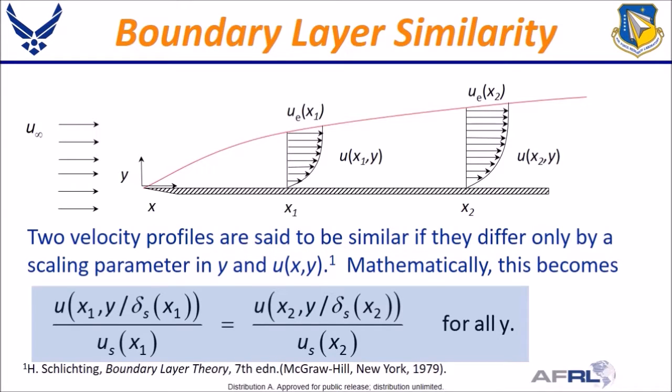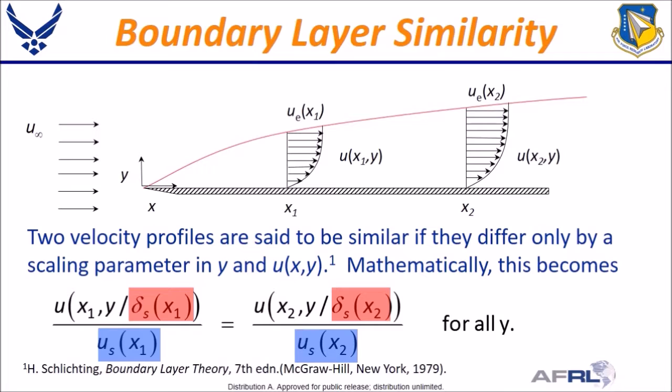Mathematically, the definition of similarity is written by this equation here. The key to finding similarity solutions is identifying these two scaling parameters. The traditional approach to similarity utilizes a stream function approximation. See Schlichting's book for further details.